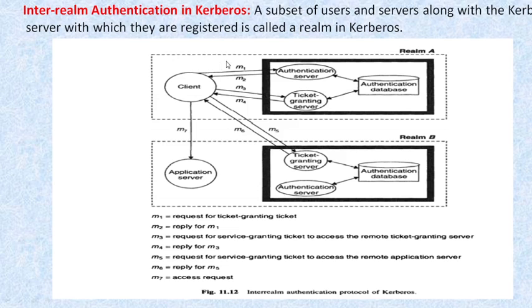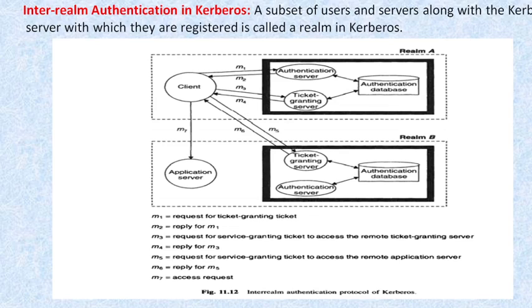So we have seen this Kerberos architecture in one network, but when there are multiple networks, with one single Kerberos server, it is not appropriate for all the users and servers to register with that single Kerberos server.